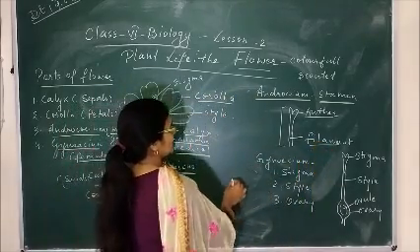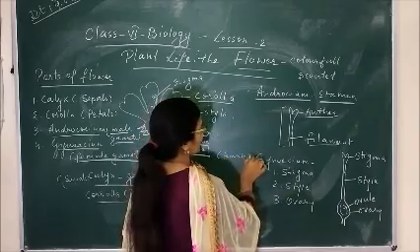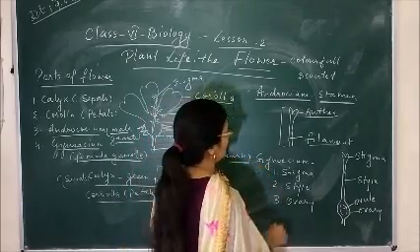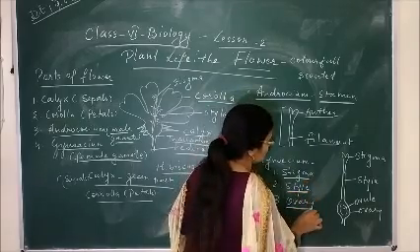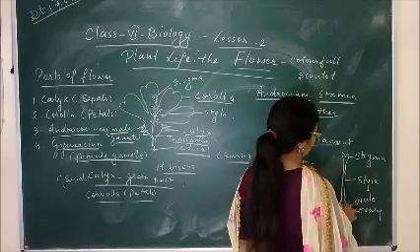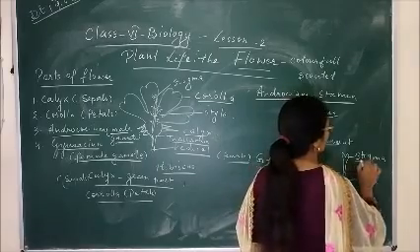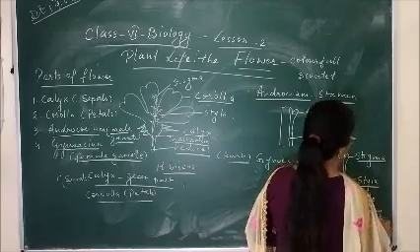And gynoecium, which is the female part of the flower, is made of three parts. First one is stigma, second is style, and third is ovary. Here we can see the diagram of the gynoecium: stigma, style, and ovary.